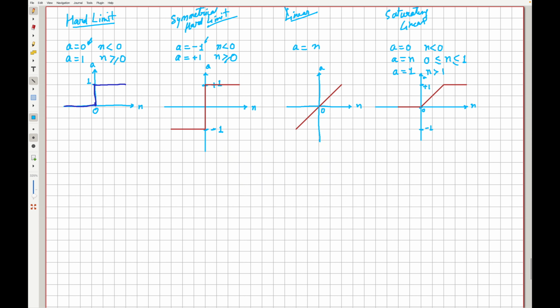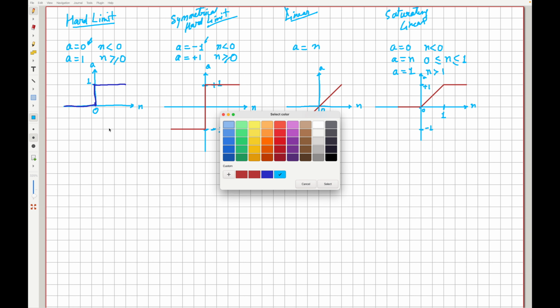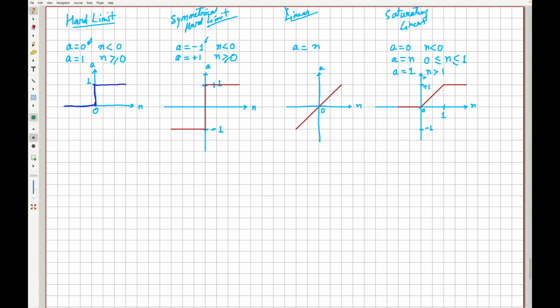If this is 0, let's say that this right here is 1. So let's say that is 1 for n. So this is the range where we still see that diagonal line going through. Anywhere outside that range, the values are either 0 or 1.